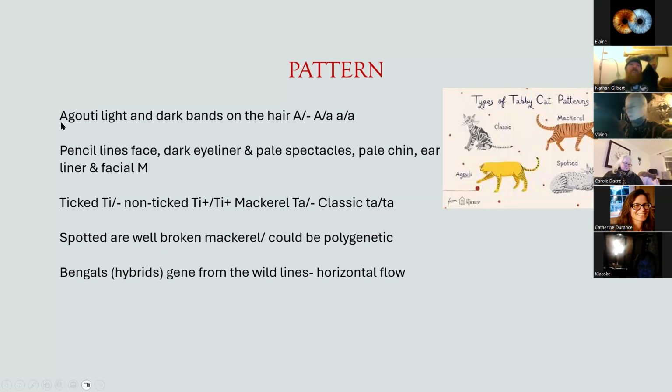So I said at the start, all cats are black, all cats are tabby. So this is still true. All cats are genetic tabby. They are ticked, or they carry 2 copies of the non-ticked gene, and therefore they are then either mackerel or classic.